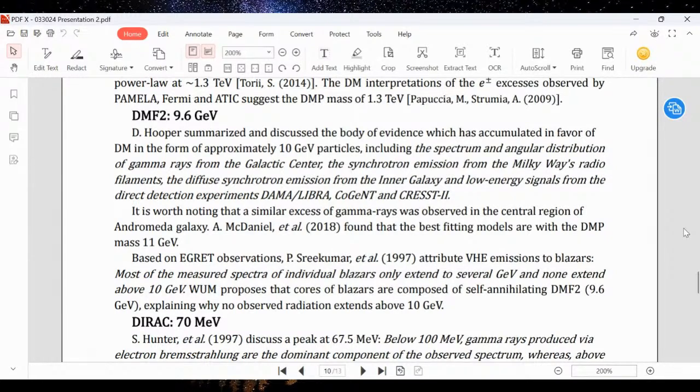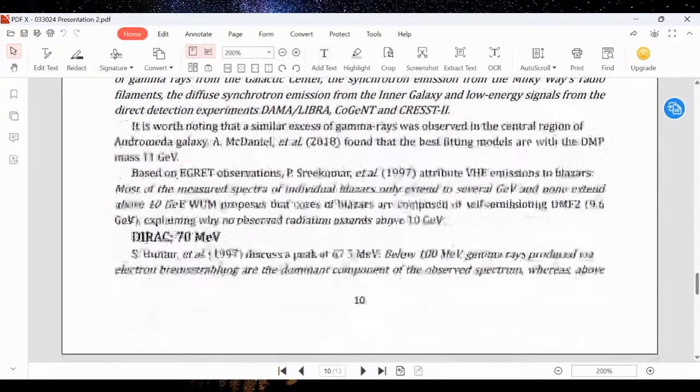It is worth noting that a similar excess of gamma rays was observed in the central region of the Andromeda Galaxy. McDaniel found that the best fitting models have a dark matter mass of 11 giga-electron volts. Based on EGRET observations, Srikumar et al. attribute very high energy emissions to blazars.